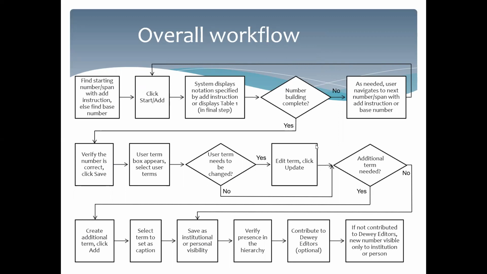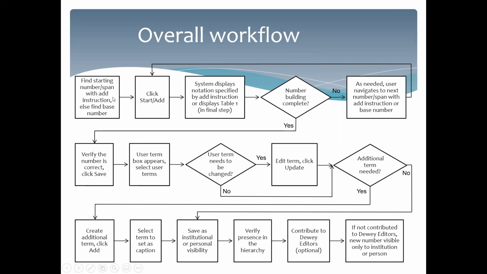In terms of how to do this, we've talked about this whole example a couple of times. This actually does include how you build the number in WebDewey, the mechanical process with it.